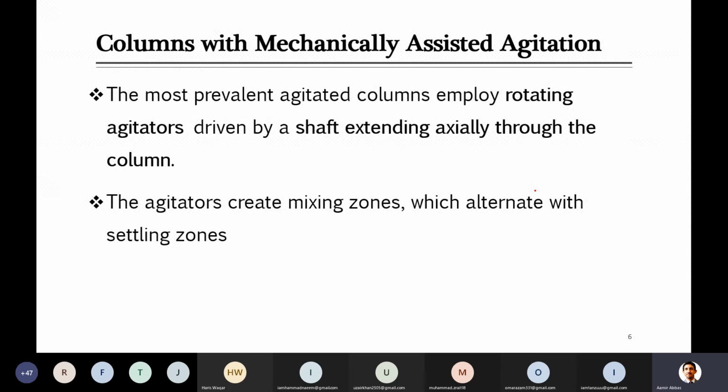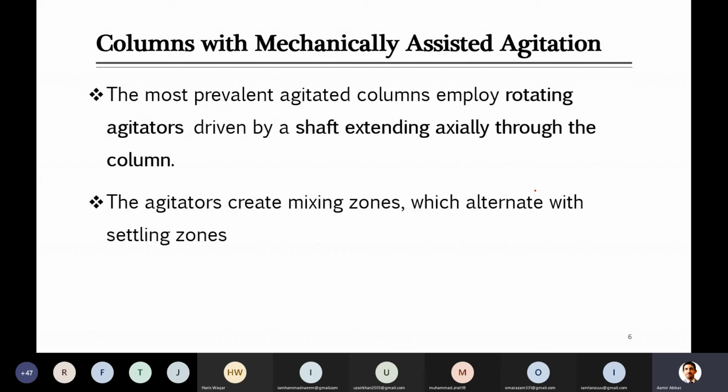So throughout the column, we don't have agitating elements everywhere. There will be agitating elements at some distance from each other. In between the agitating elements, where there is no agitation, that will be called the settling zone. For example, you can install a column of 2 or 3 meter height.